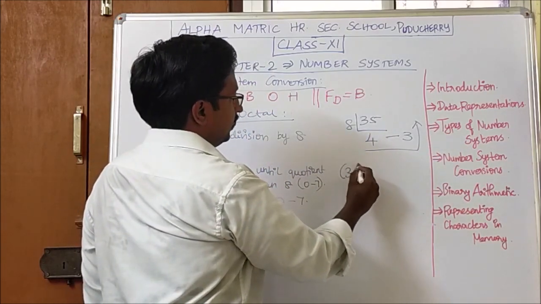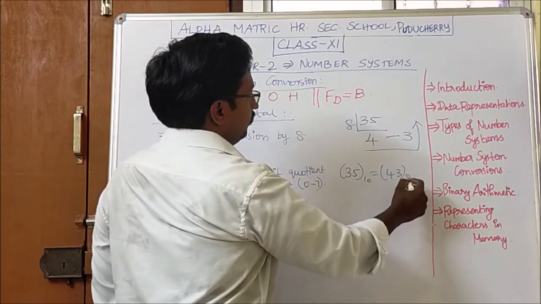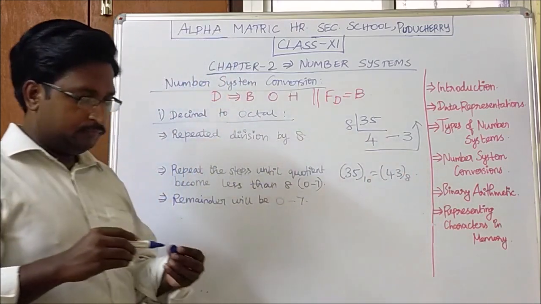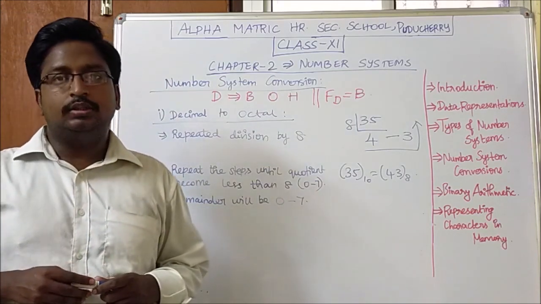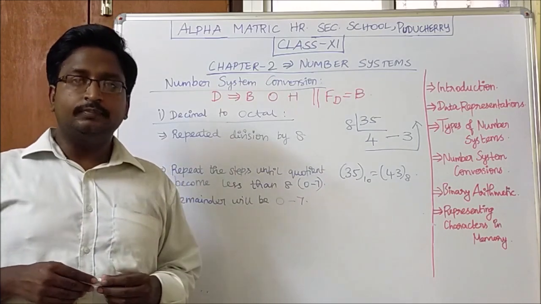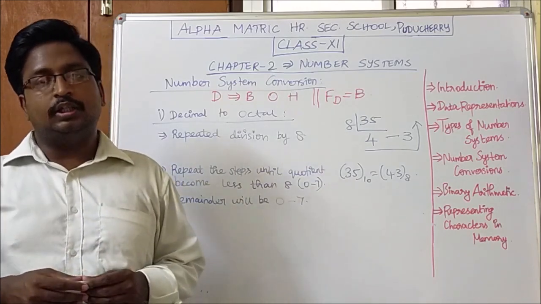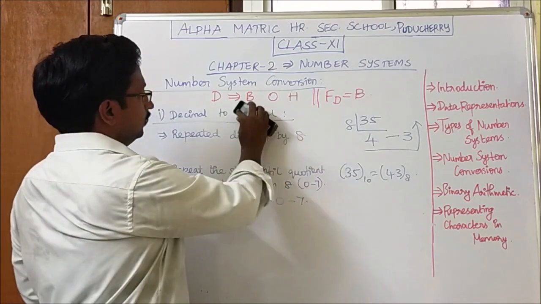So 35 base 10 is equal to 43 base 8. So this is how we have to convert the decimal to octal number. Next we will see the hexadecimal, that is the last one.